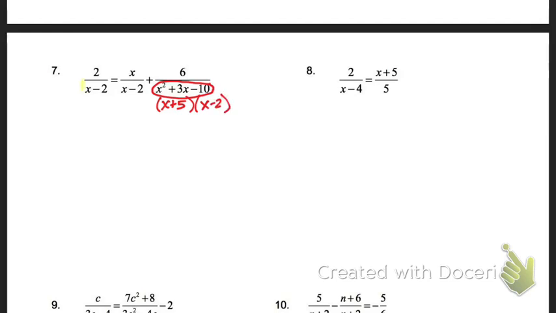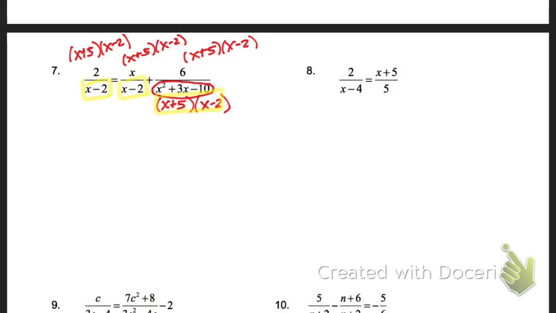And so here are my denominators. My least common denominator would be what? X plus 5, x minus 2. So I'm going to write that on the top of each fraction. You don't have to do this. If you can do it all in your head, that is okay.